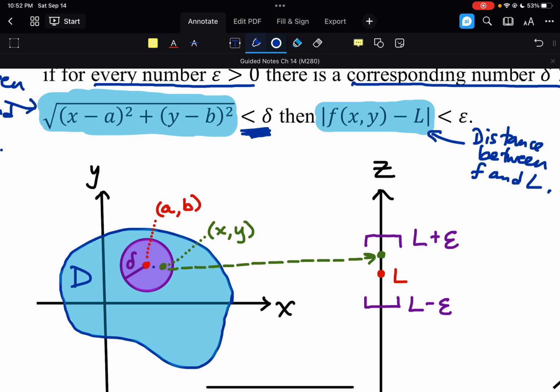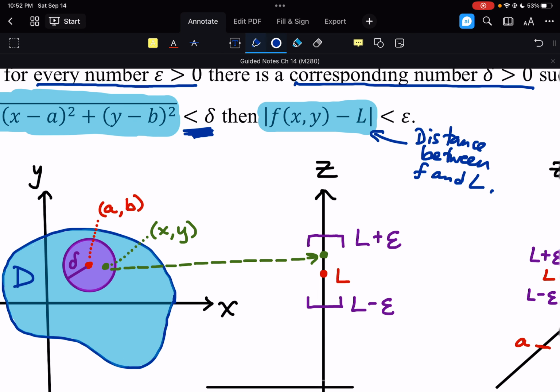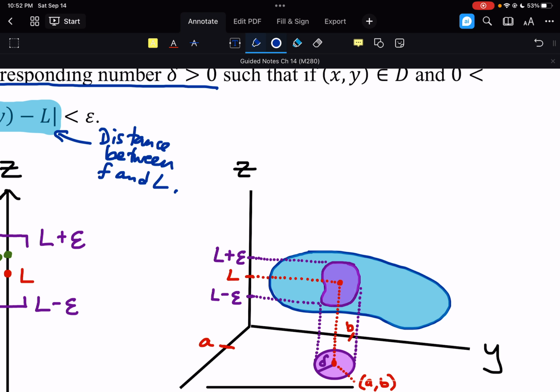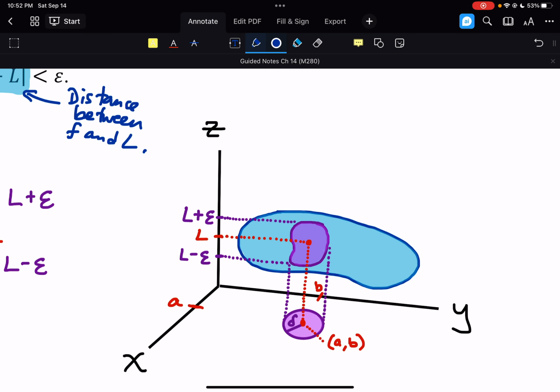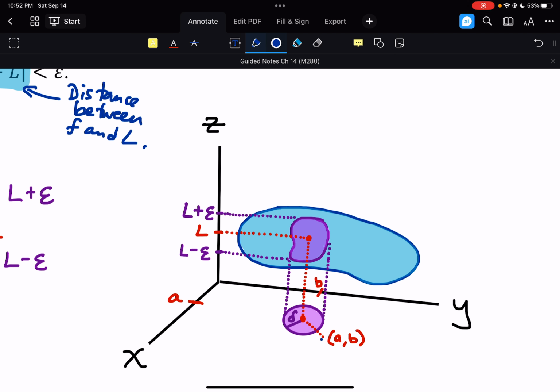Okay, and so now we're approaching a point in the domain, and the function is approaching L here on the z-axis. So in 3D, this is what's going on. So same idea, just in perspective a little bit. So we've got our disk down here. Our points would be within this disk, and their outputs would be within this range right here.